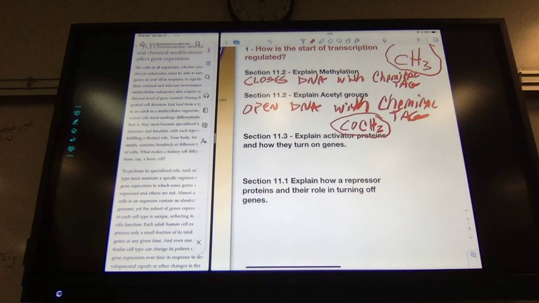I'm in the textbook, section 3. And take a look at the entire picture, and it even labels it. These proteins are needed to activate the gene. So here is DNA, and it is getting ready to make RNA.